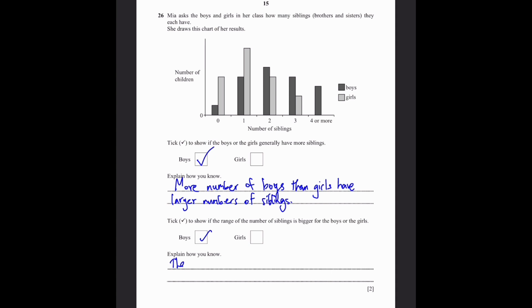So the larger number of siblings is there for the boys. Some boys have more siblings than all the girls.